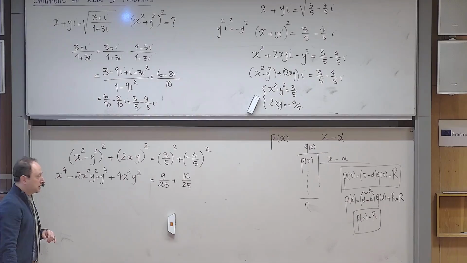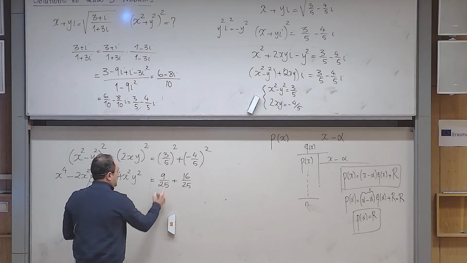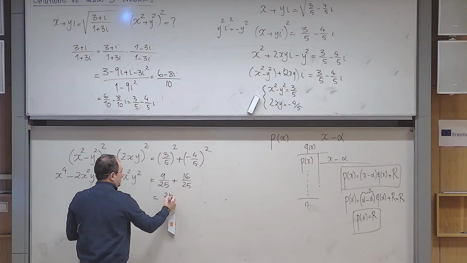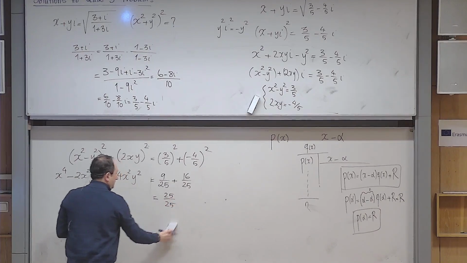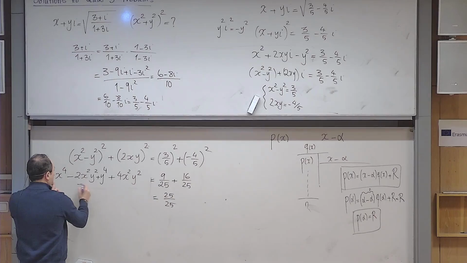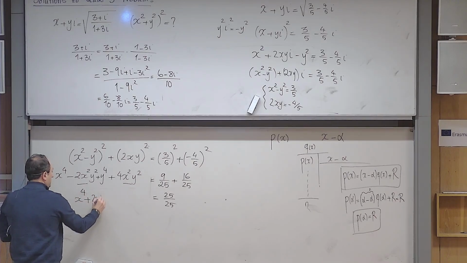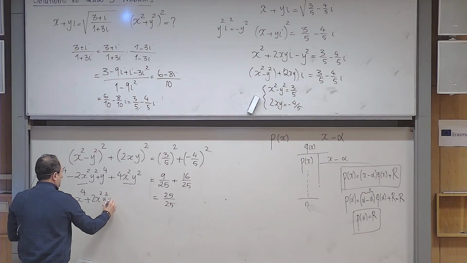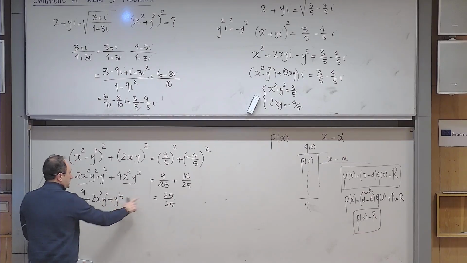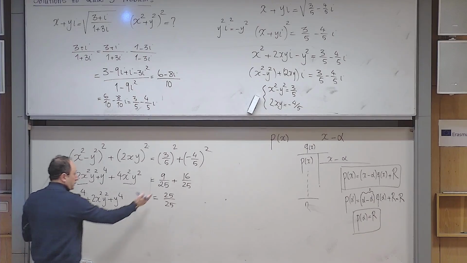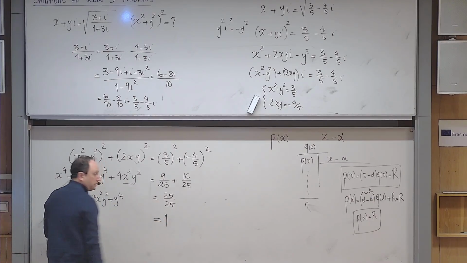Yes? And then what is happening on the right? 9 plus 16, 25 over 25. Yes? But now look, this one and that one can be combined into x to the power of 4 plus 2x squared y squared, and then plus y to power 4 is equal to this number. But 25 over 25 is just simply 1.